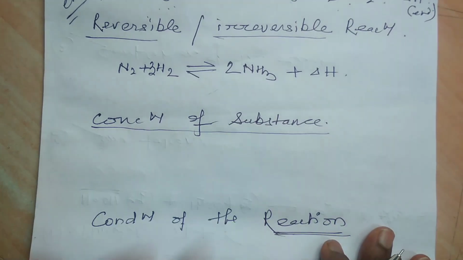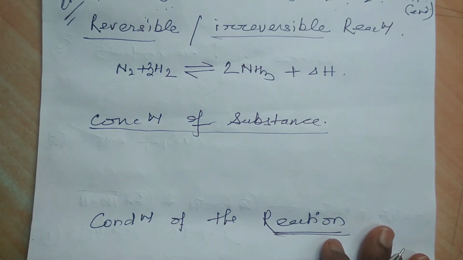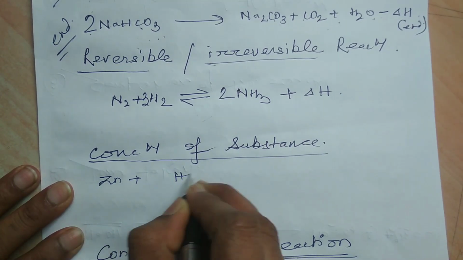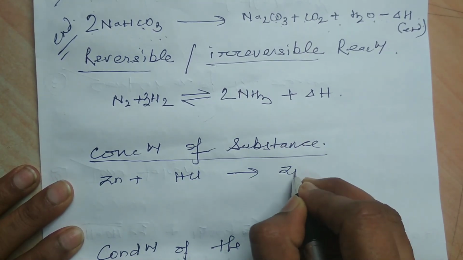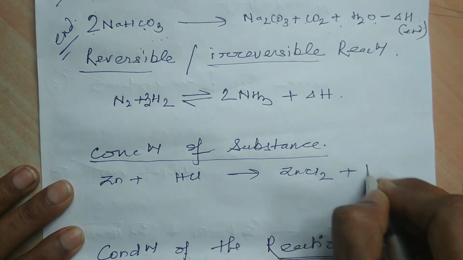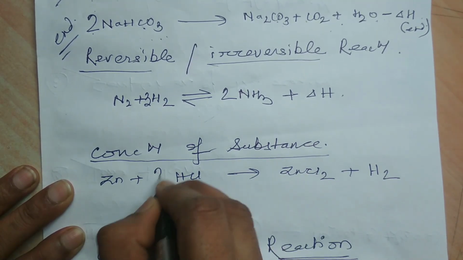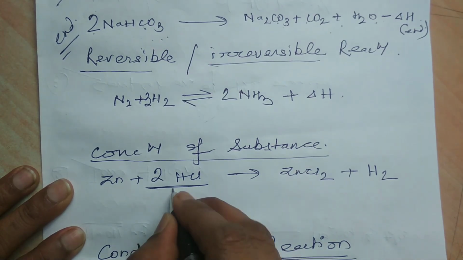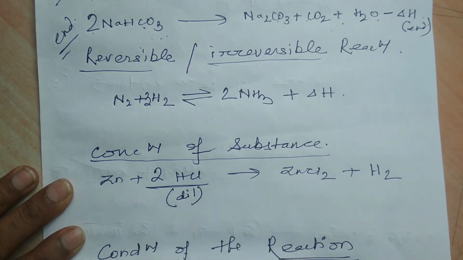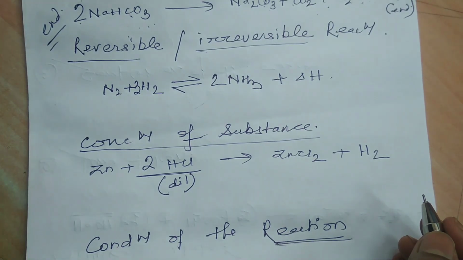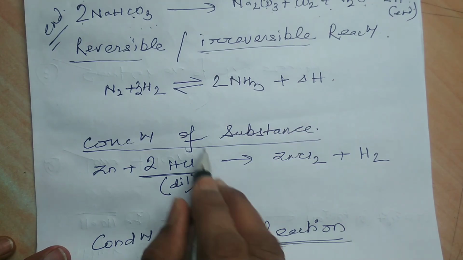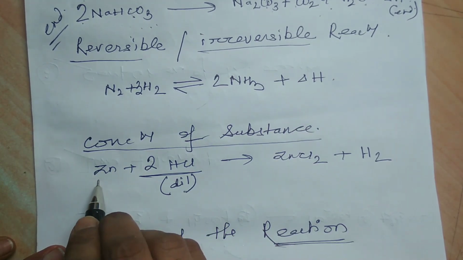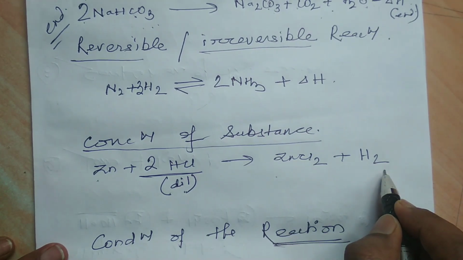Now, the concentration of the substance. Like zinc reacts with HCl and gives ZnCl2 plus hydrogen. If I write it in this way, then I have no idea whether HCl is dilute or concentrated. But below this, if I write DIL, dilute, then I can say that hydrochloric acid is in the dilute state and reacts with zinc, giving zinc chloride and hydrogen.